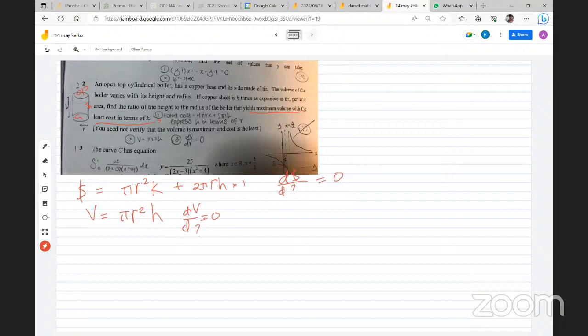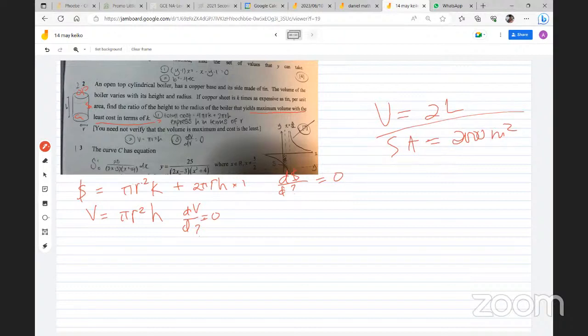The question doesn't make sense. The reason why you fix something is not just because it's a mathematical need. For example, if you never say that the volume is, let's say, 2 liters, or that the total surface area is, I don't know, 2000 meters, then I can just use more and more material, or make the boiler bigger and bigger, or smaller and smaller.